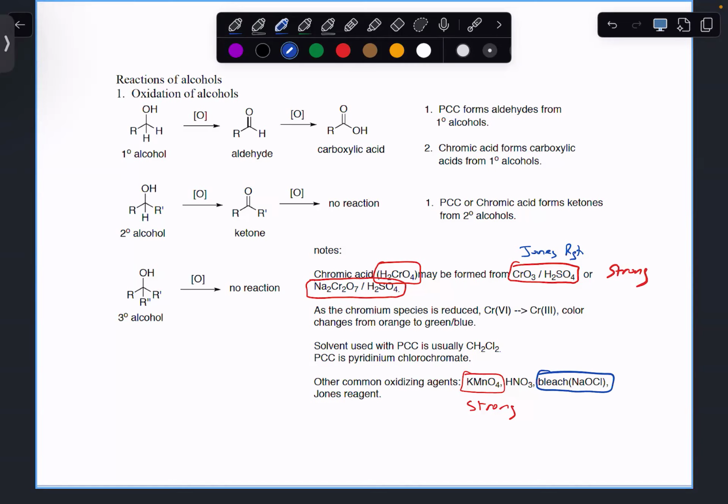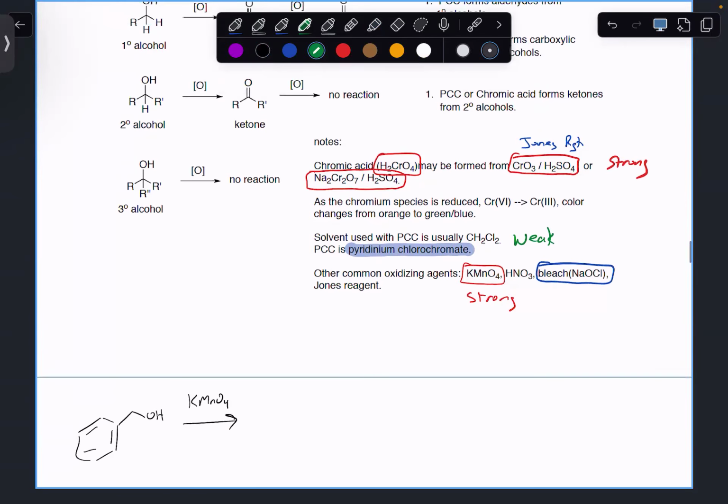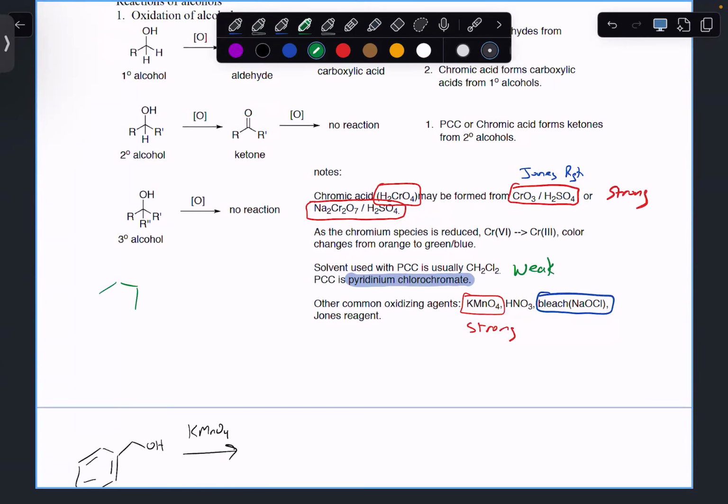The only one that I'm going to introduce to you now that is what I would consider a weak oxidizing agent is this reagent here, pyridinium chlorochromate. And pyridinium chlorochromate looks like this.